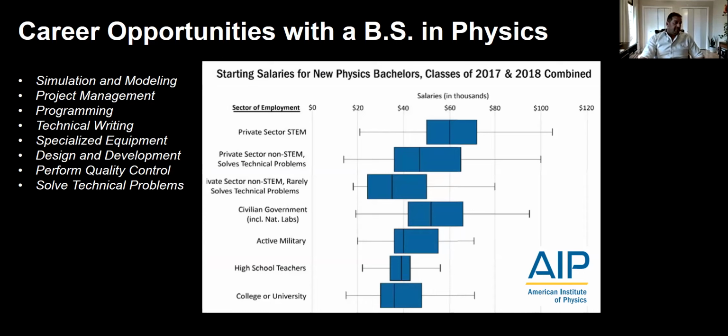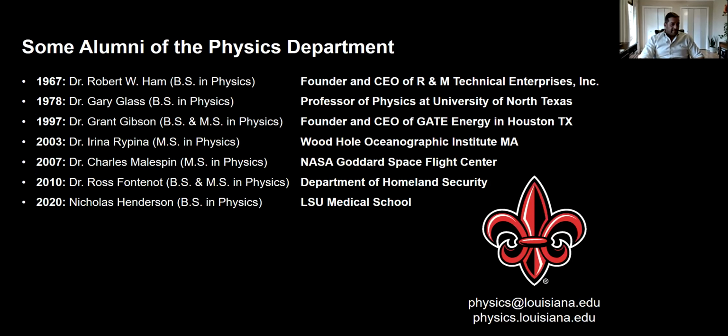And these are the typical tasks physicists have in this sector. Here's a list from our alumni, examples from the past 50 years, just to show the width of the range of different things you can do after the degree.